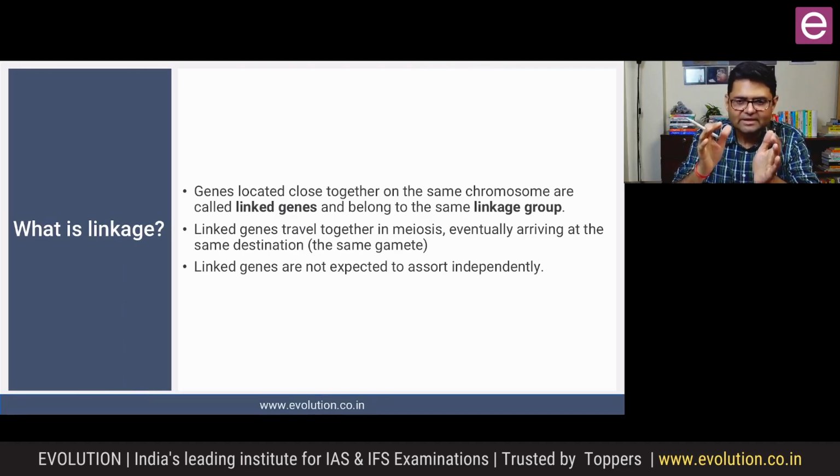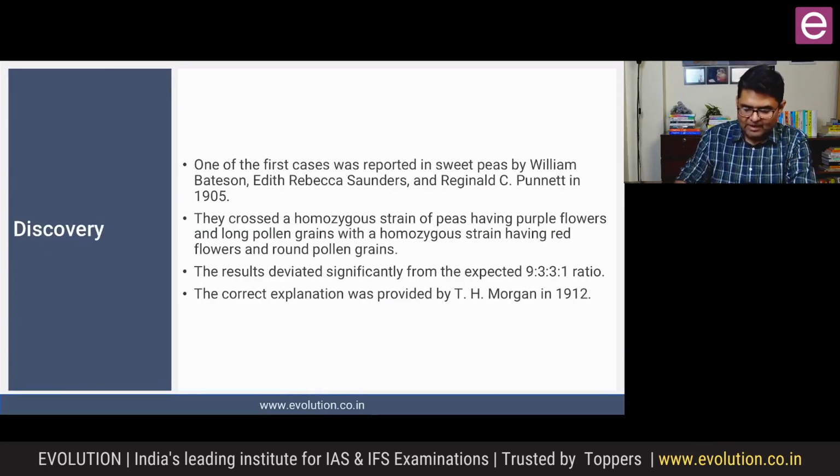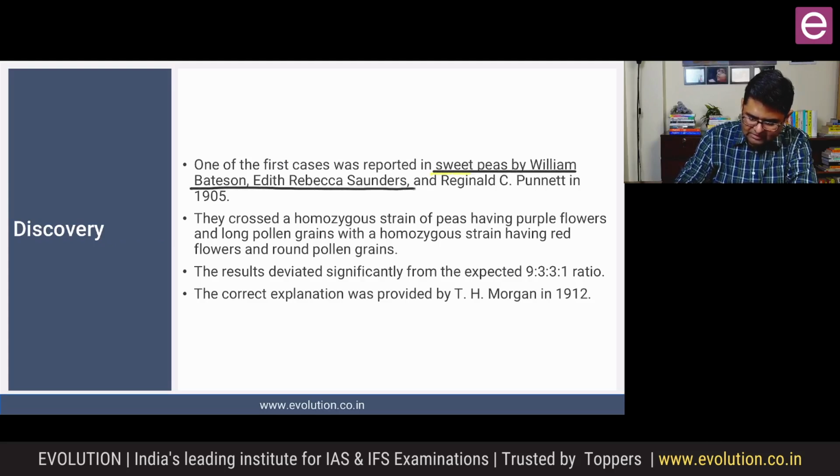This is linkage. Now, before we move any further, let me tell you a little history. One of the first cases was reported in sweet peas, Lathyrus odoratus, by William Bateson, Saunders, and R.C. Punnett. The year was 1905, very shortly after the rediscovery of Mendel's work.